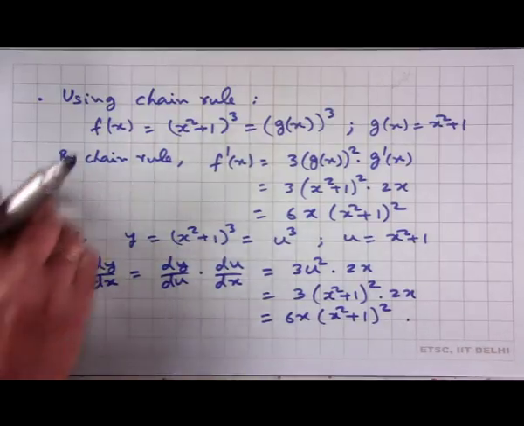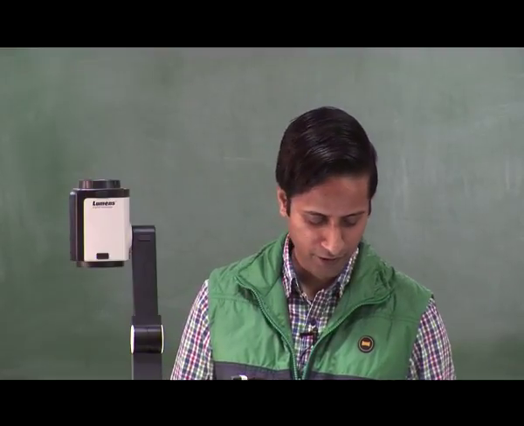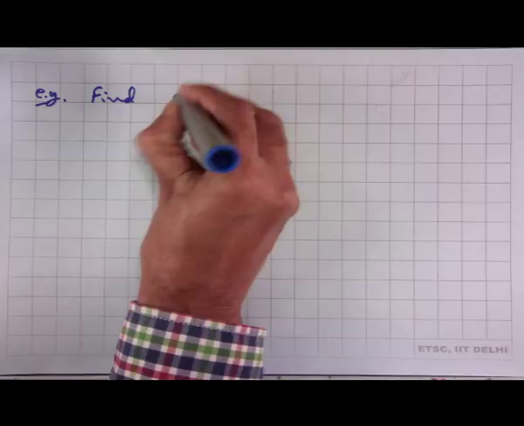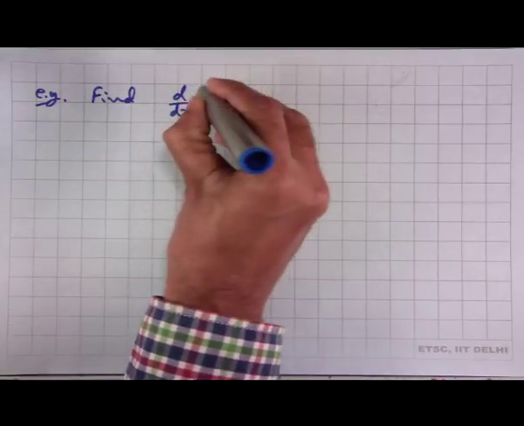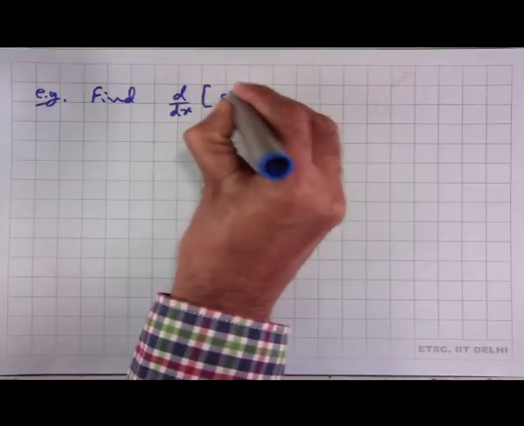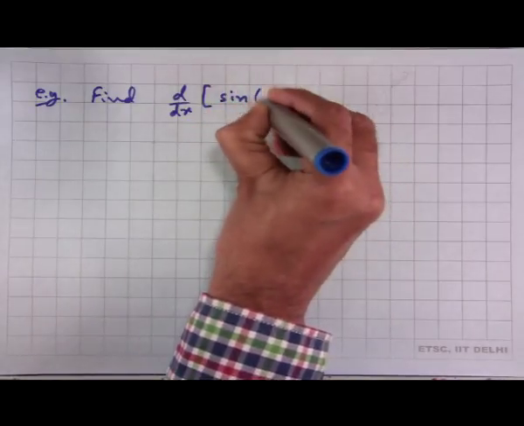Right. So, using chain rule, it makes the calculation easier, and we will see some more examples. So, find the derivative of the sine of x square.